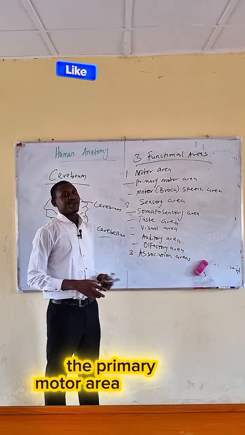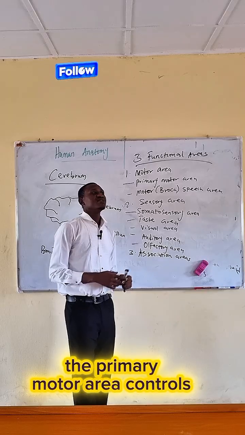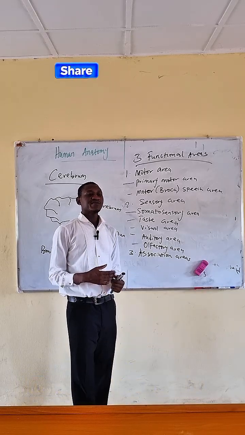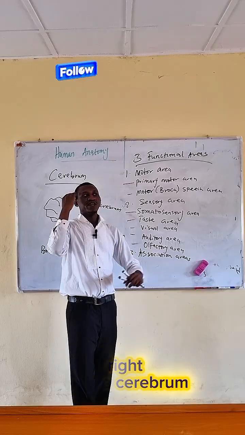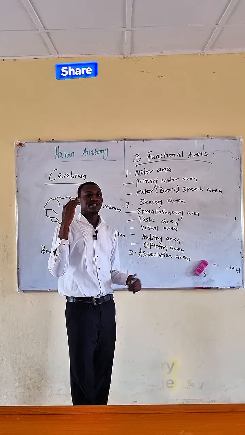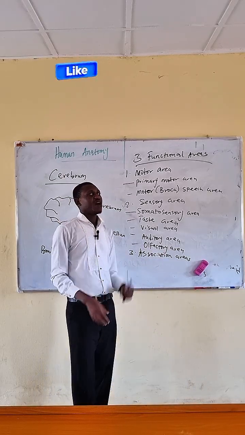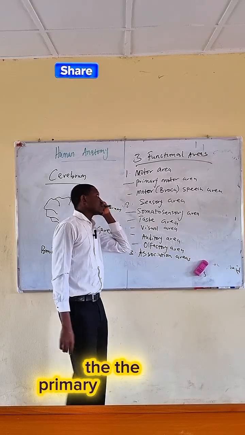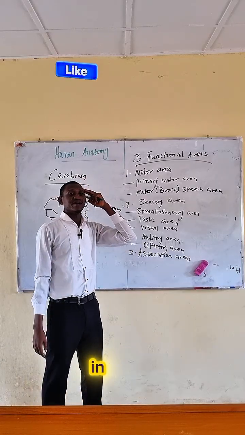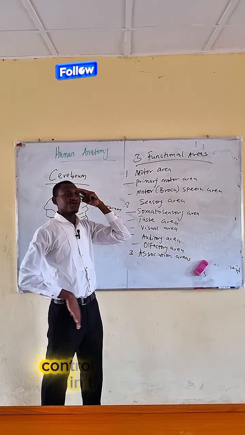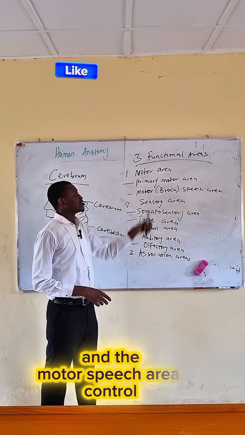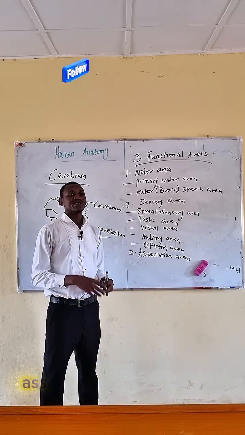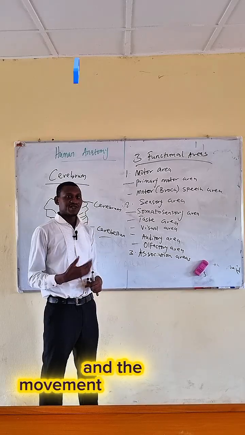The primary motor area in the right part of the cerebrum controls voluntary movement in the left part of the body, while the primary motor area in the left part of the cerebrum controls movement in the right part of the human body. And the motor speech area controls voluntary movement that are associated with speech, and the movement of our mouth, among other structures.